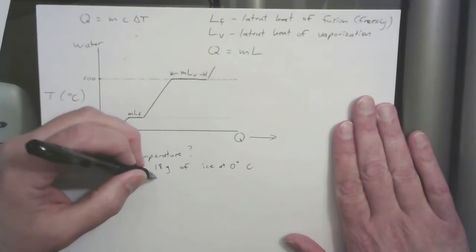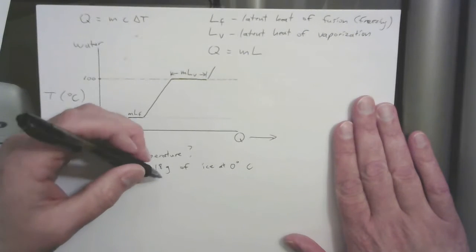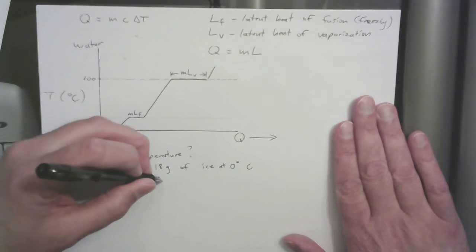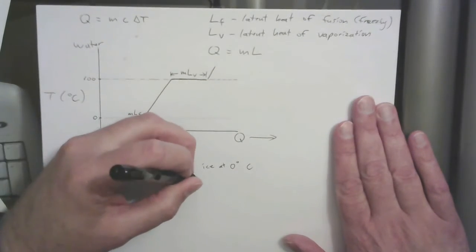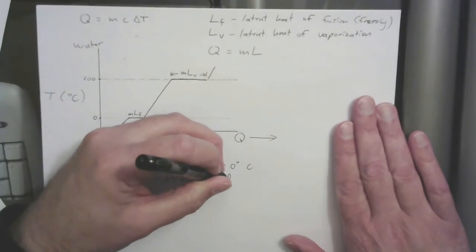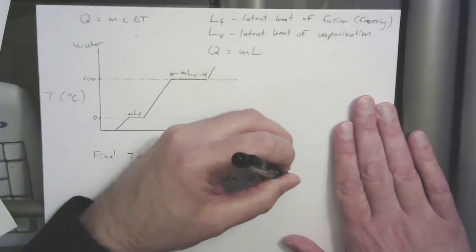And then that's put in a jar of soda, or pop, Coke, whatever you call it, and it's 1/4 of a kilogram, and it's at 20 degrees Celsius.